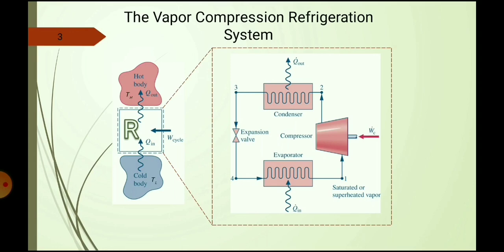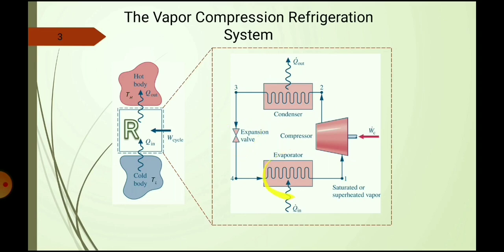The high pressure region is said to be the condenser pressure, and the low pressure is said to be the evaporator pressure. Clear? The vapor compression refrigeration system basically has 4 parts. First one is evaporator, second one is compressor, third one is condenser, and fourth one is expansion device.